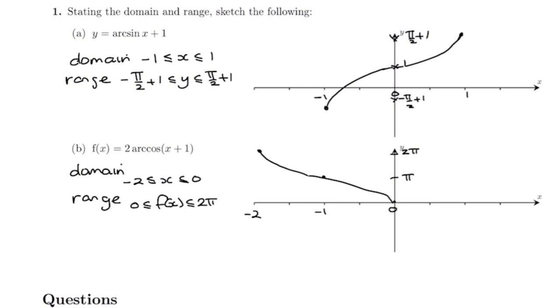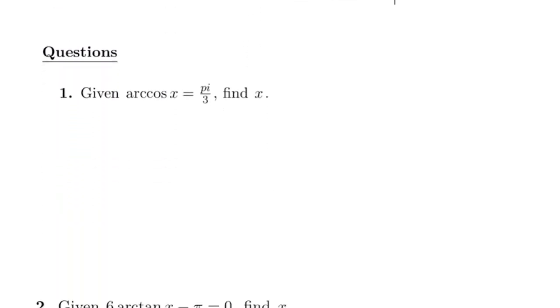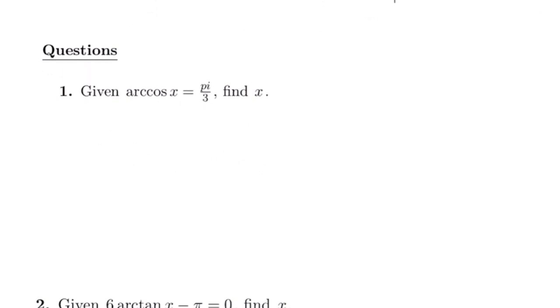Right, now let's look at some questions where we are using our inverse functions and trig functions. So this first one says, given that arc cos x equals pi over 3. So I've got arc cos of x equals pi over 3. Now I want to get x on its own.